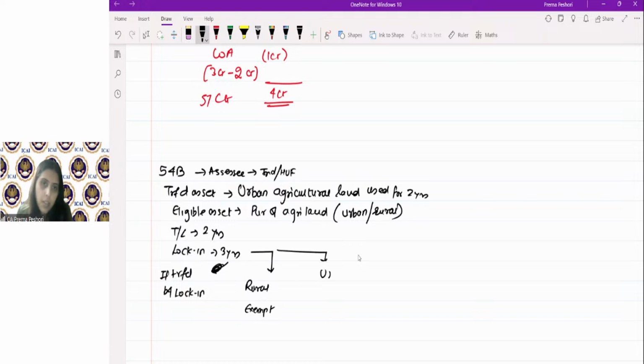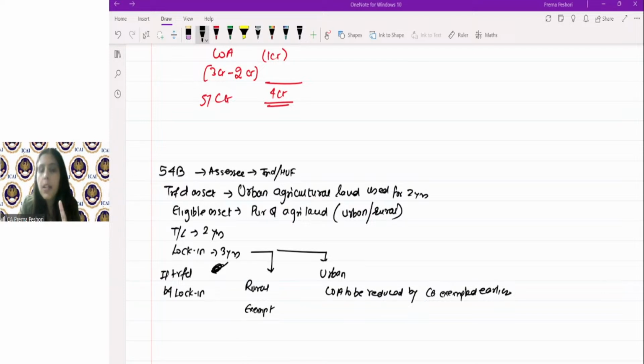If it is urban, cost of acquisition to be reduced by capital gain exempted earlier. Are we clear? So that is your 54B.